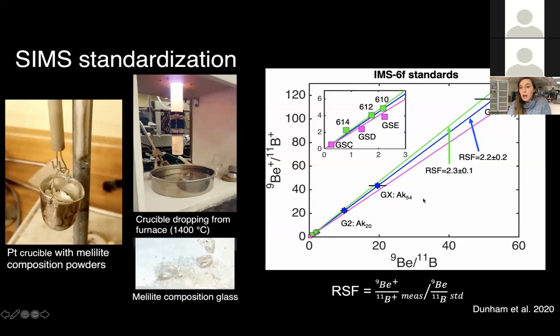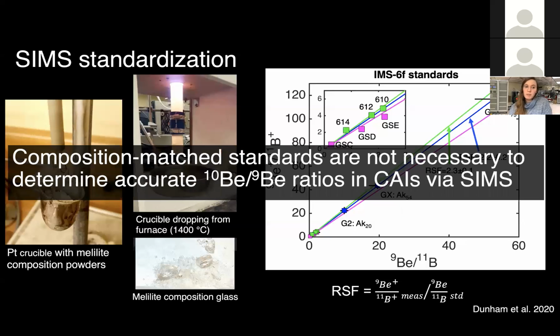I found that the glasses that I synthesized, of melilite composition, and the common standards have effectively the same RSF. So this means that composition-matched standards are not necessary to determine accurate 10-beryllium to 9-beryllium ratios in CAIs with SIMS.